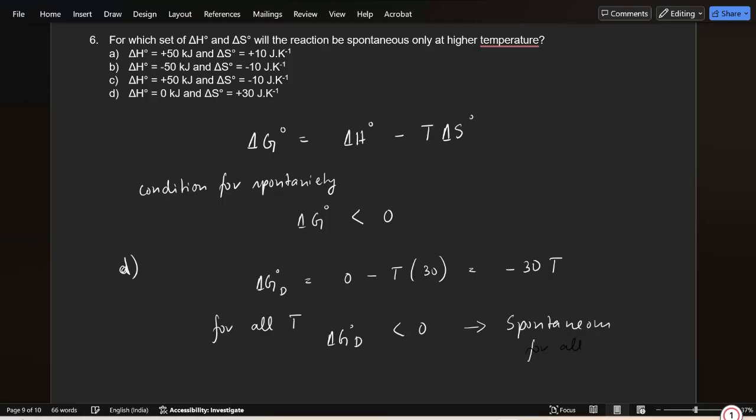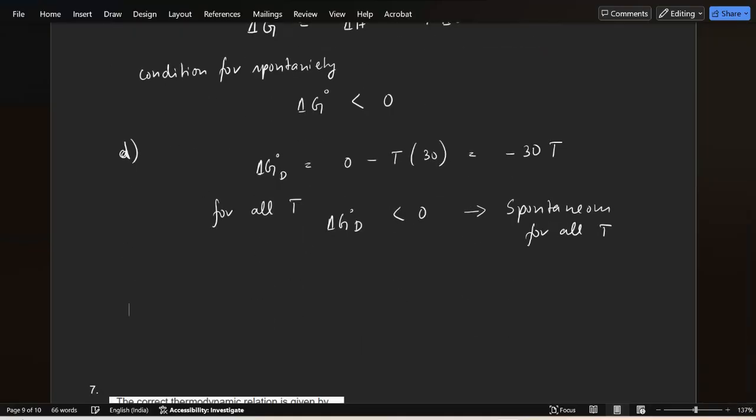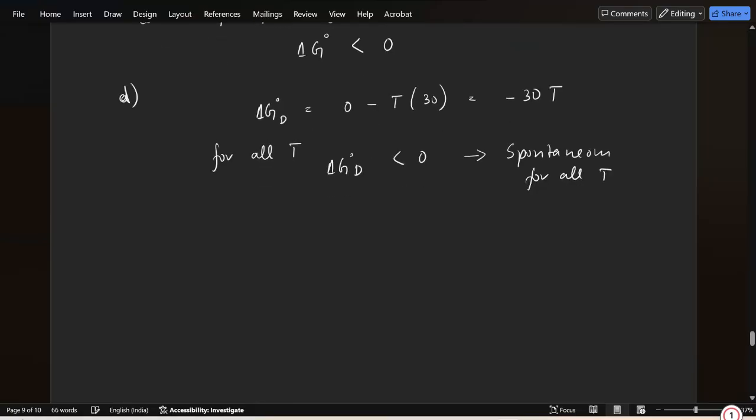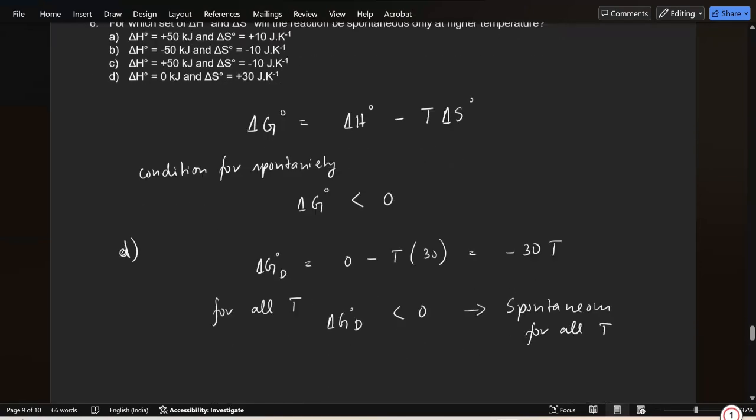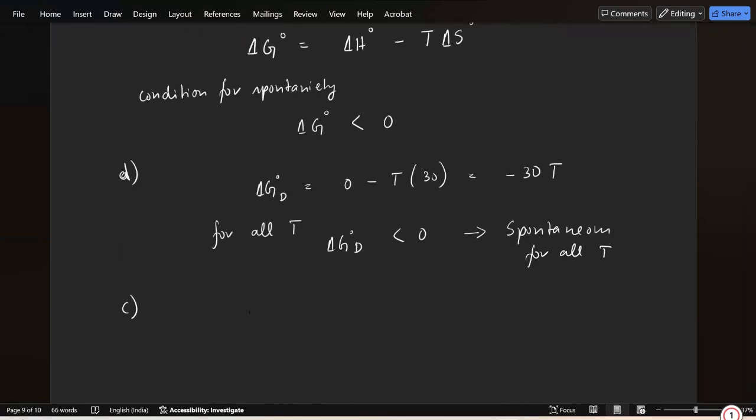They are asking for the reaction which is spontaneous only at higher temperature. Fine, we have to find a condition like that. Then we'll go to condition C. Delta H is 50 kilojoules and delta S is minus 10 joules per Kelvin.